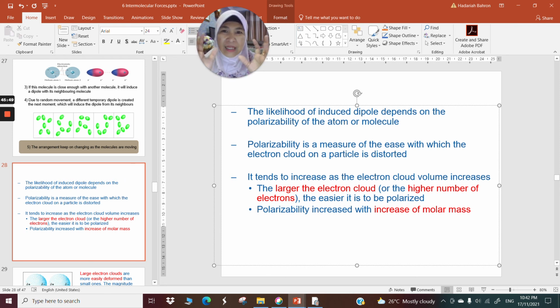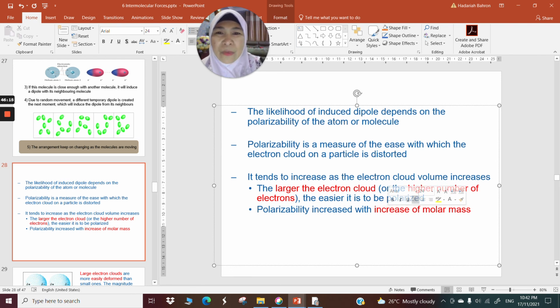The electrons are far from the nuclei, then you have high polarizability. Polarizability is a measure of how easy it is for the electron cloud to be distorted, and it will increase with a larger electron cloud and a larger molar mass.